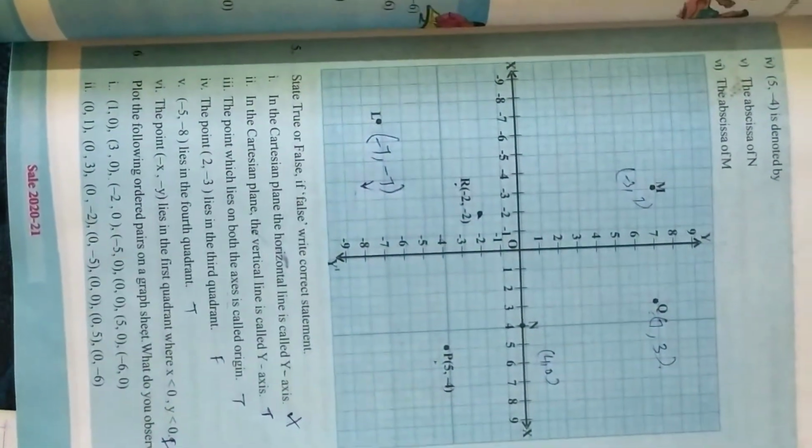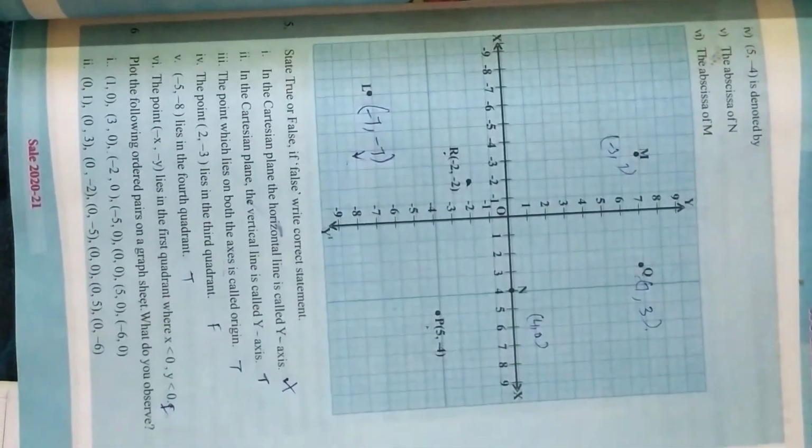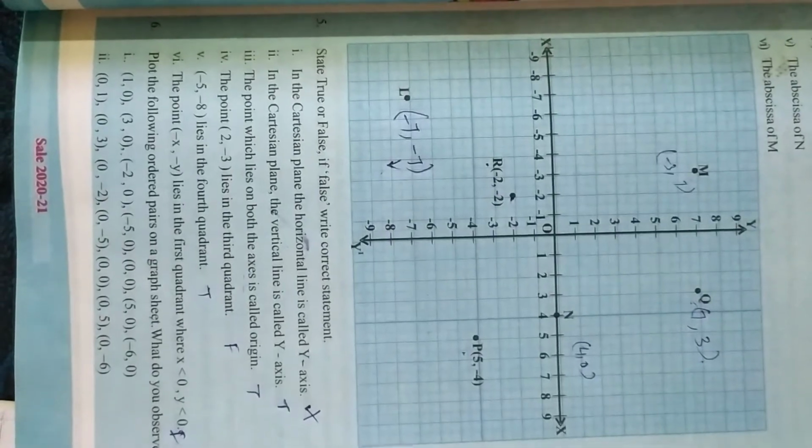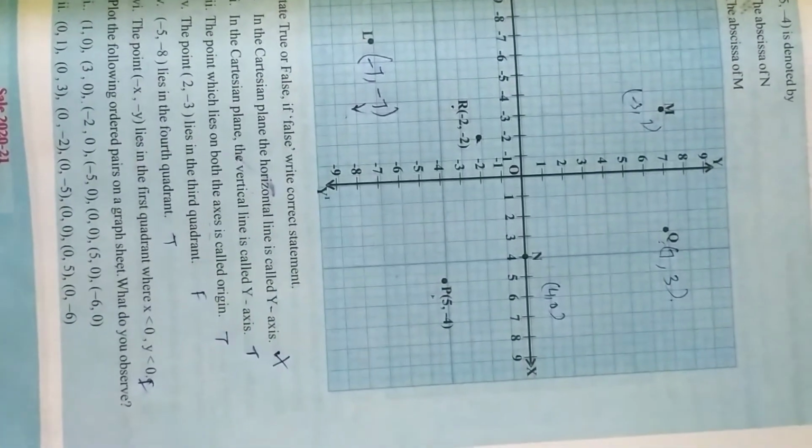Next, sixth bit. Plot the following ordered pairs on a graph sheet. What do you observe? To solve this problem, you need a graph sheet.